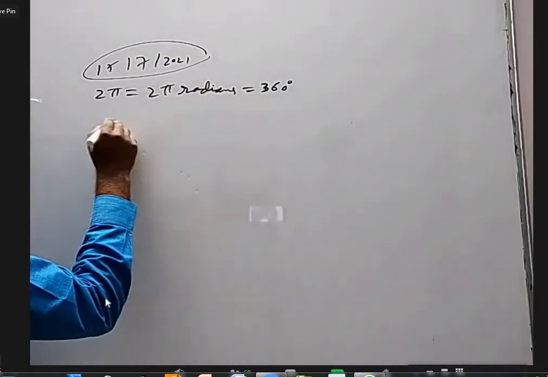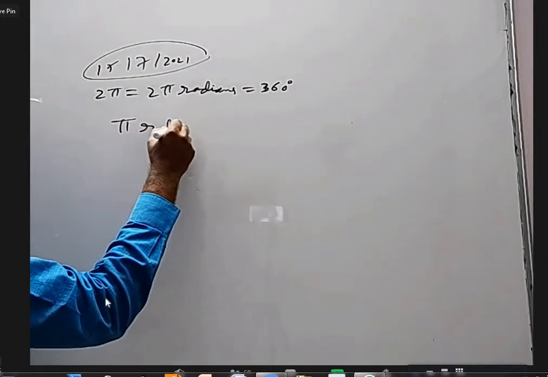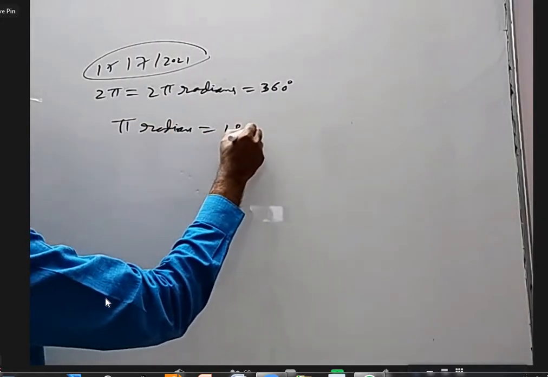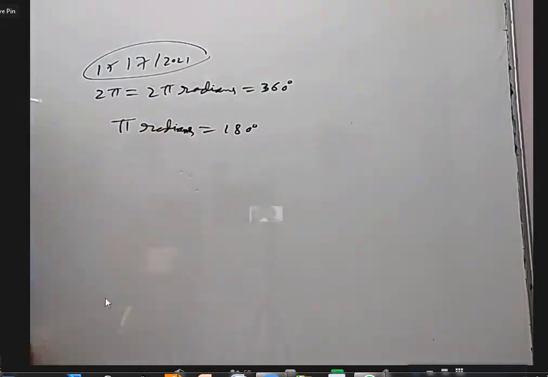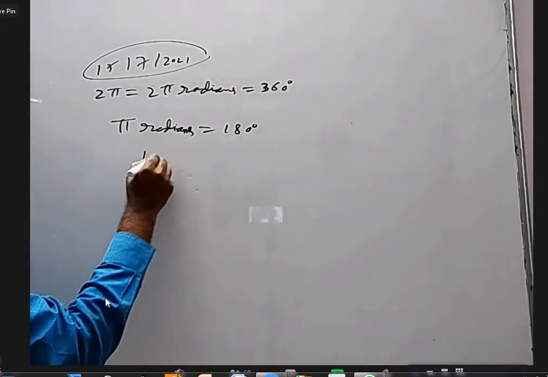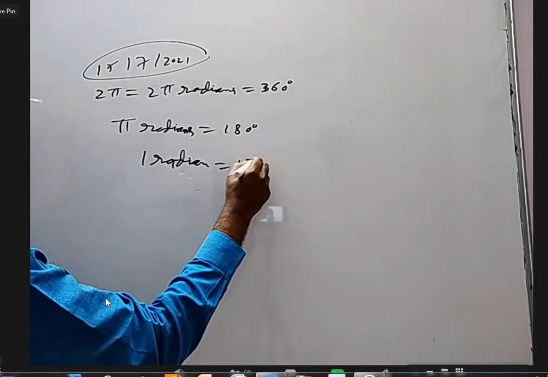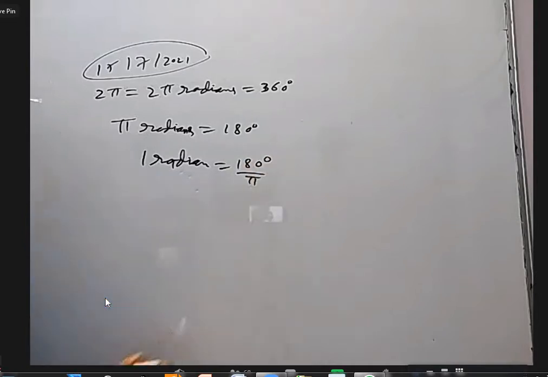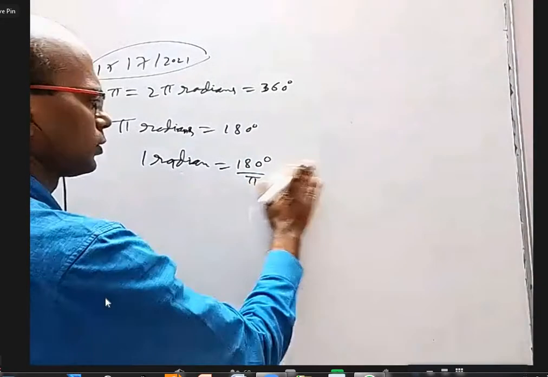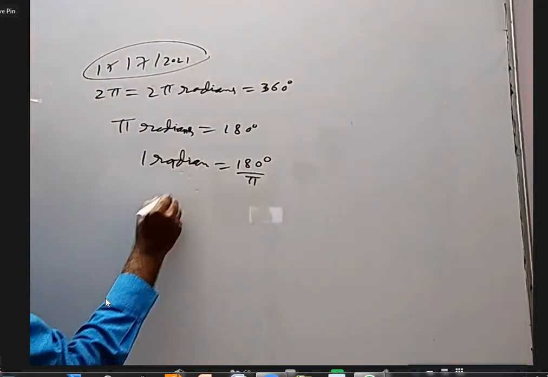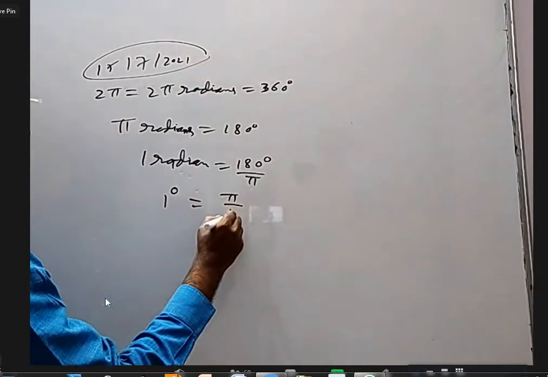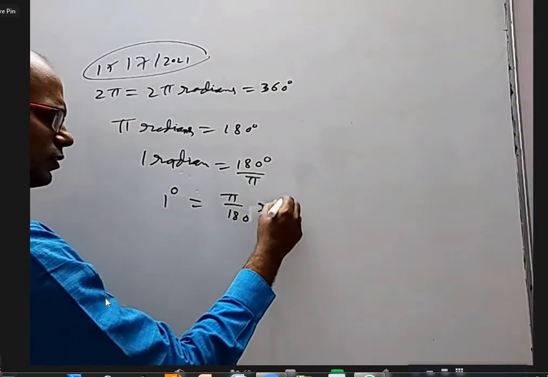When you divide by 2, pi radian equal to 180 degrees. Now, if you divide by pi here, 1 radian is equal to 180 by pi degrees. Or if you divide by 180, 1 degree is equal to pi by 180 radians.